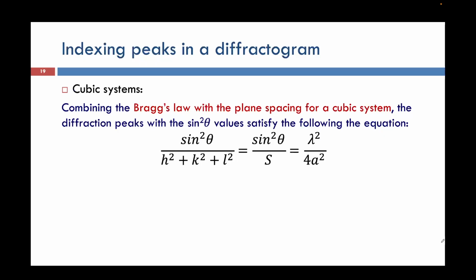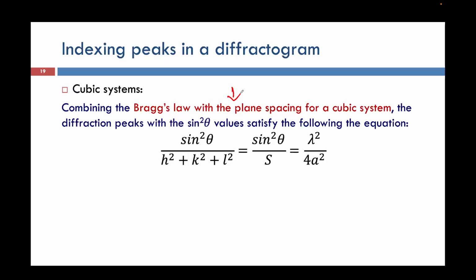By taking a simple cubic system, we will see how we index the peak. The main fundamental mechanism used for indexing is Bragg's law combined with the interplanar spacing of any system. That is how we index the peak.